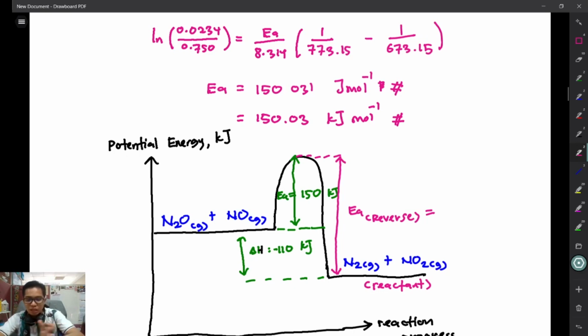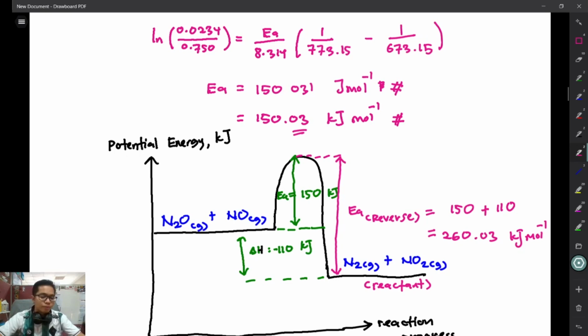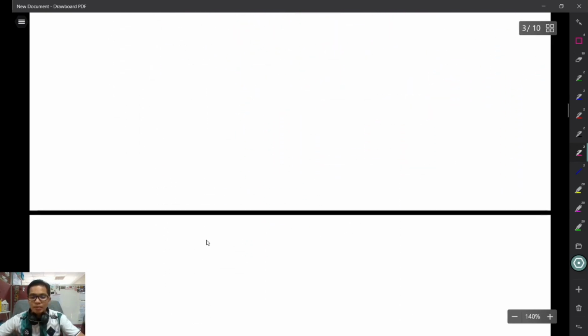Forward one is negative, exothermic. Reverse one should be endothermic. So it will be 150 plus 110 equal to 260.03 if you want to take the 0.03. The unit is still kJ per mole. Alright, so that should be the end of question number 8.